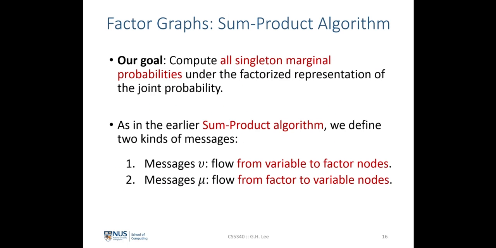So here, given a factor graph, the goal of the sum product algorithm is to compute all the singleton marginal probabilities under the factorized representation of the joint probability distribution.